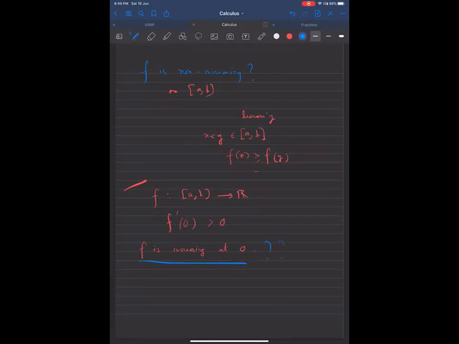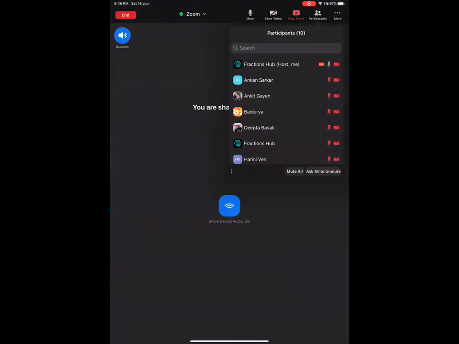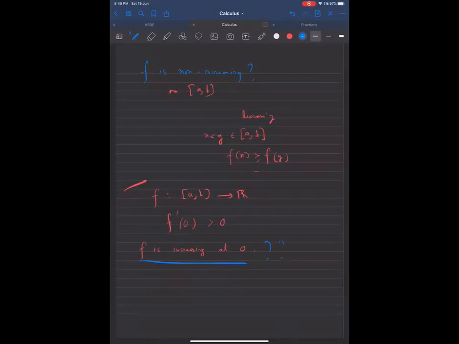I want the class to be very interactive. What do we mean by a function to be increasing at a point? What do you think?